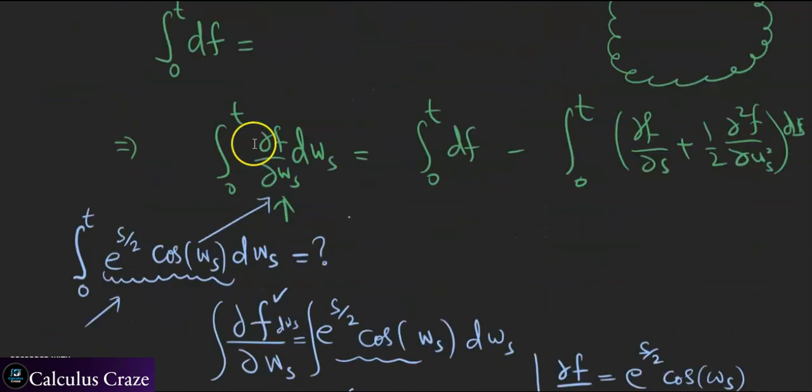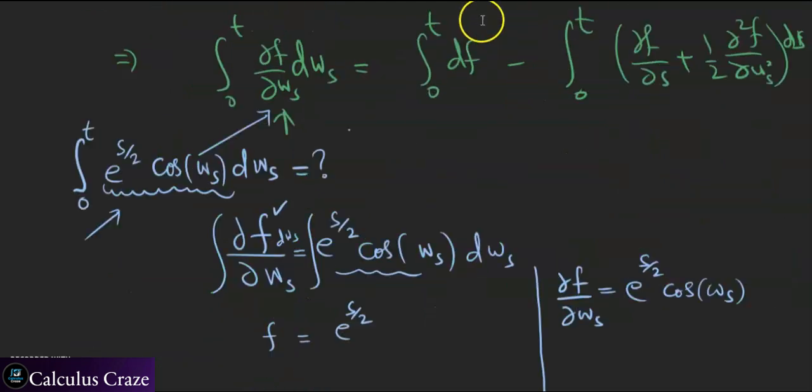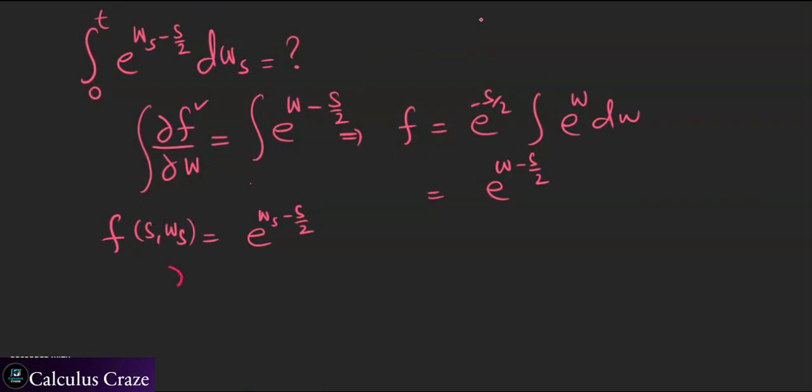So I will consider my f of s comma w sub s as e to the w sub s minus s by 2. Now what I need for applying the Ito lemma are three things: the partial derivative of f with respect to s, the partial derivative of f with respect to w, and the second partial derivative of f with respect to w. First, the partial derivative with respect to s is going to be minus 1 half e to the w sub s minus s by 2.